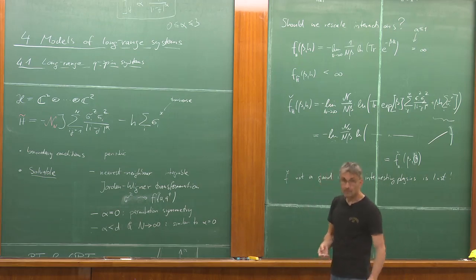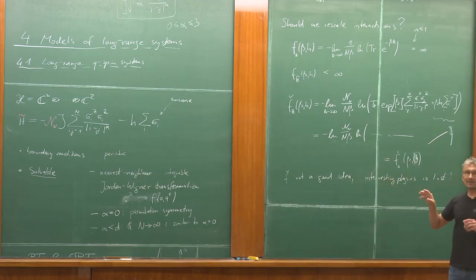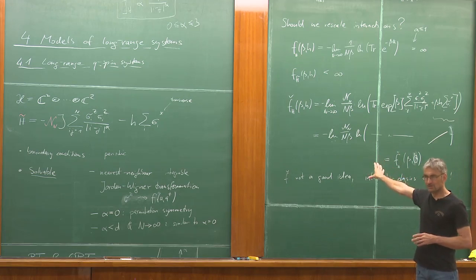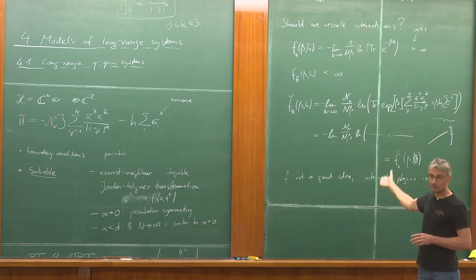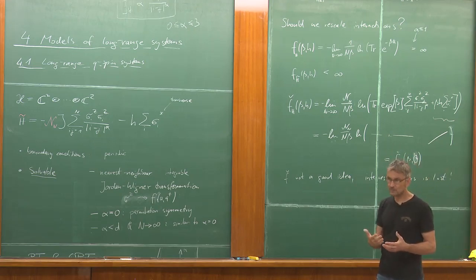So there may be a good reason to introduce that factor, and as you've seen, I've of course chosen this factor for a certain purpose. The purpose here is equilibrium statistical physics in this example, where I otherwise get either ill-defined or boring quantities. I introduce the factor such that I have interesting physics in there.